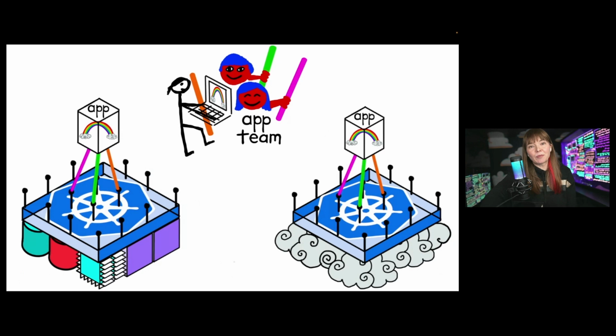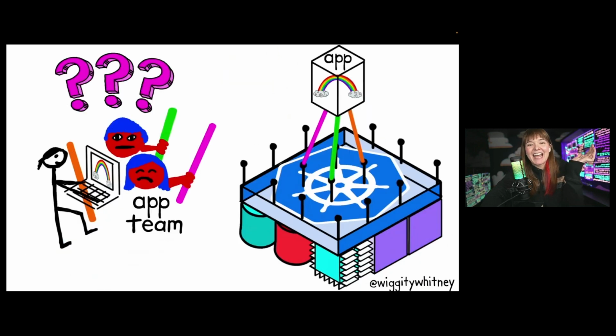And now with Kubernetes, the deployment teams can deploy their workloads in the same way, no matter where that workload is actually running. But again, I'm oversimplifying. In real life, things are more complicated.